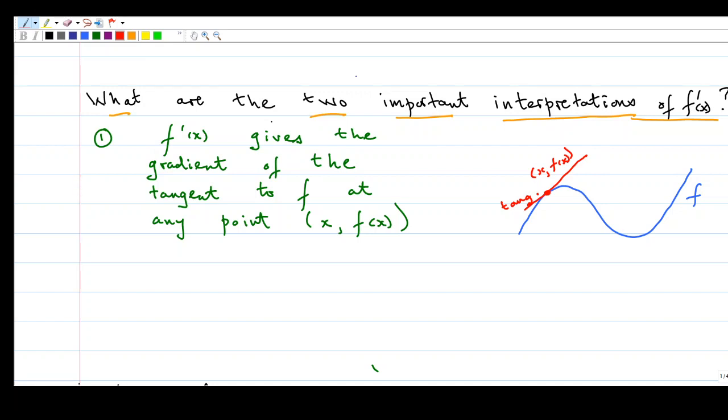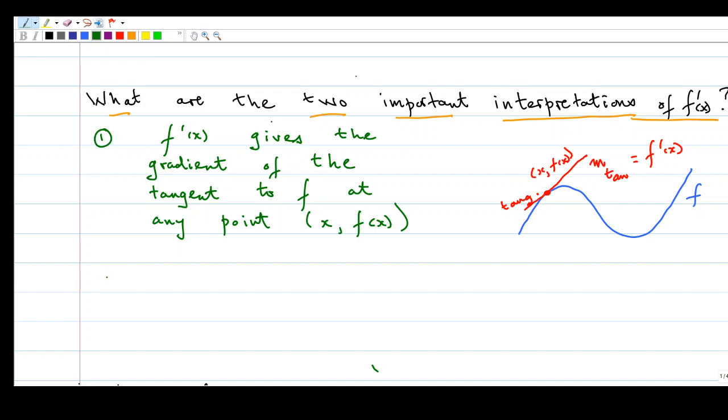A tangent is a line that touches the curve at one point only. So if you take the gradient of the tangent line, then the general gradient is given by f prime of x. So f prime of x gives us the formula for the gradient at any point on a curve.